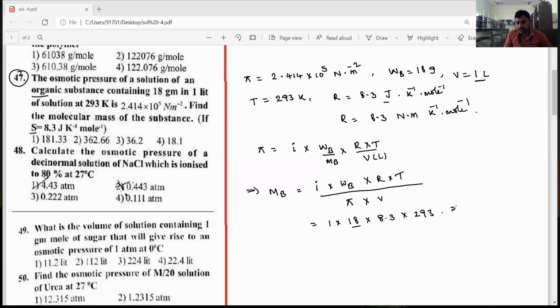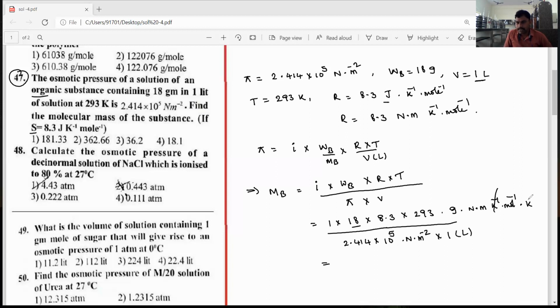The 18 is in grams, the second one has units Newton meter Kelvin inverse mole inverse, and the temperature is in kelvins, divided by the pi value 2.414 into 10 to the power of 5 Newton per meter square, into volume 1 liter. Okay, dear students, so we got the units.